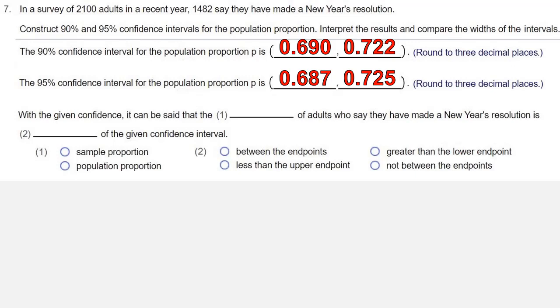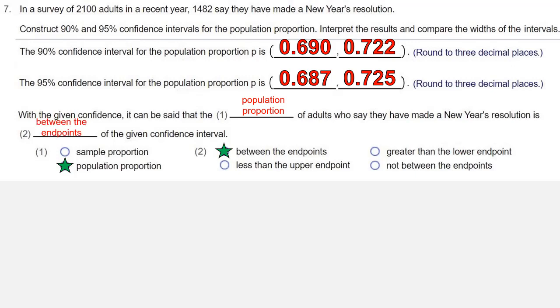We want to know how certain we are that the population proportion falls within the given interval. So the correct choice for the first blank is going to be population proportion. So with given confidence, it can be said that the population proportion of adults who say they have made a New Year's resolution should be between the two endpoints of the given interval.